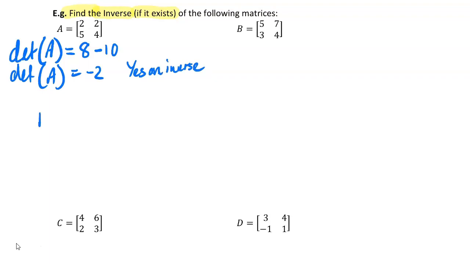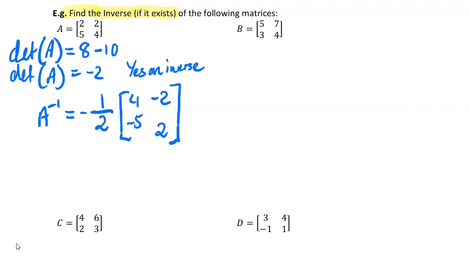Okay, so what is that inverse? So the inverse of A is equal to 1 over negative 2, but I'll put the negative out there. Okay, now I look at that diagonal and I flip the positions, so that becomes 4 and 2 down there, and 2 and 5, I times both of them by negative 1, so 2 times negative 1 is negative 2, 5 times negative 1 is negative 5.